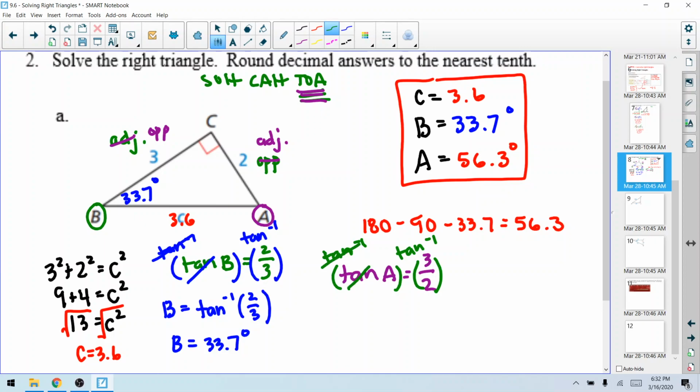Inverse tangent cancels tangent. A equals inverse tangent of 3/2. I'm going to grab my calculator. Inverse tangent, 3 divided by 2, control enter, 56.309, which is 56.3. There we go.